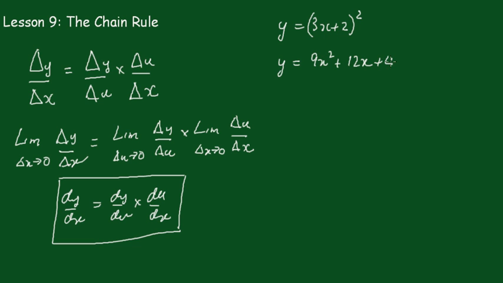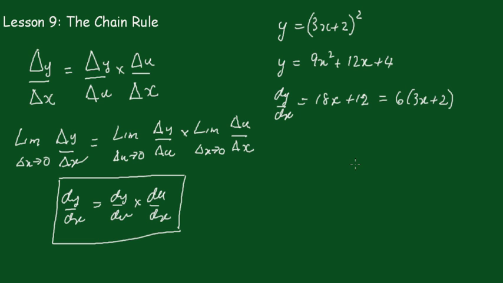Now differentiating as we did before, dy dx is equal to 18x plus 12, and that equals 6 outside of (3x plus 2). Now that's without using the chain rule.